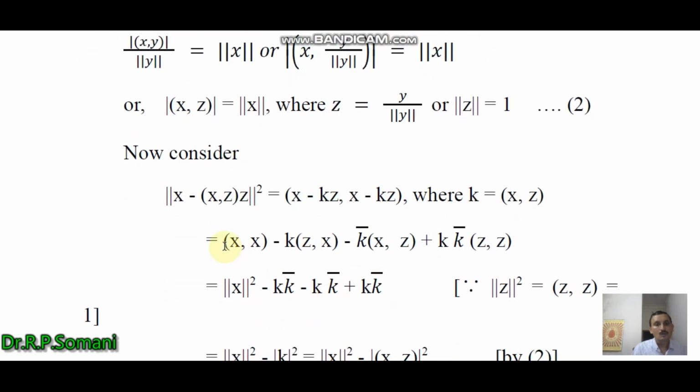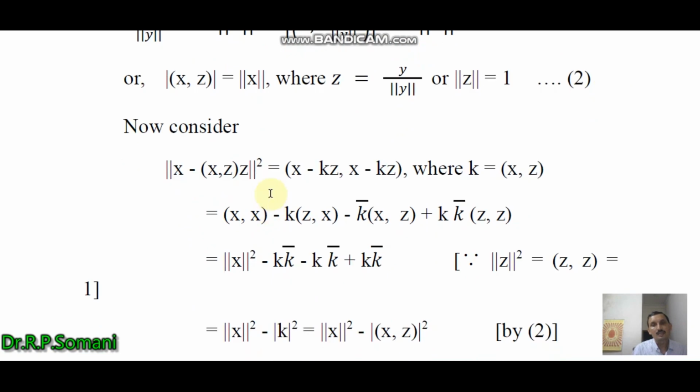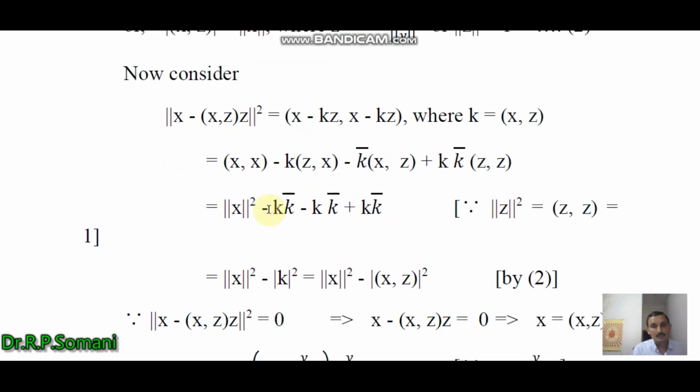Now consider norm of x minus the inner product of x and z times z, squared. By the definition of norm, this is equal to the inner product of x minus kz with itself, where k is the inner product of x and z. Applying linearity, we open this as the inner product of x and x minus k bar times the inner product of z and x minus k times the inner product of x and z plus k k bar times the inner product of z and z.